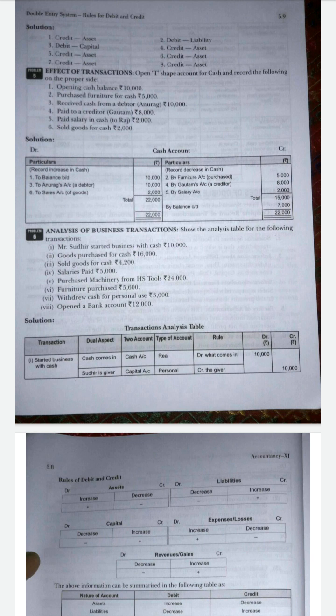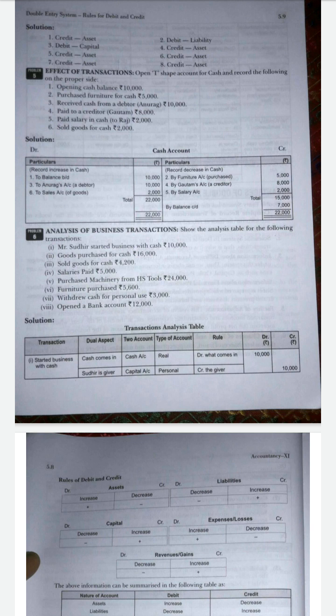Okay. So for real account, you have to know the rule. What is the rule? In real account, debit what comes in, credit what goes out. So here the cash is coming in, so debit what comes in.